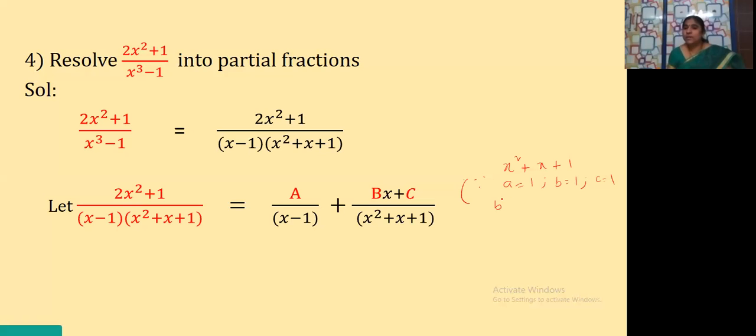So what is the discriminant here? b square minus 4ac is equal to 1 square, which is 1, minus 4 into 1 into 1, which is 1 minus 4, which is minus 3, which is less than 0.